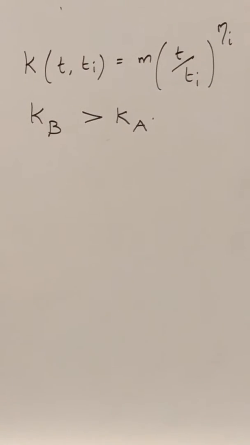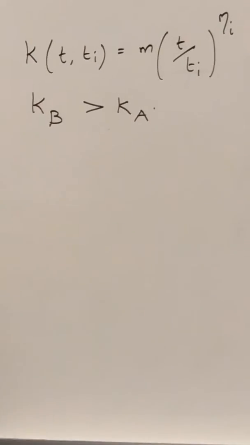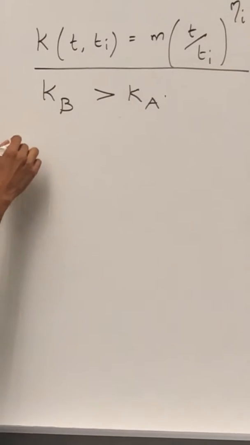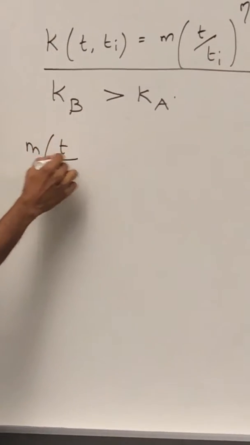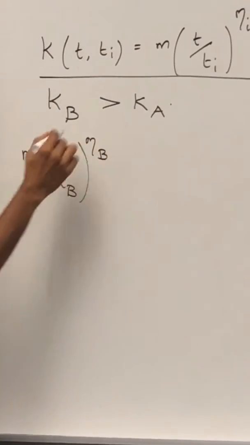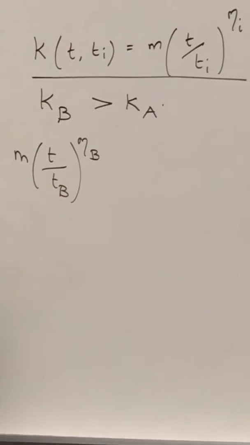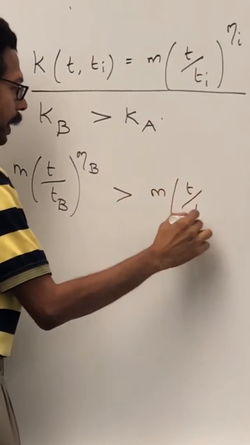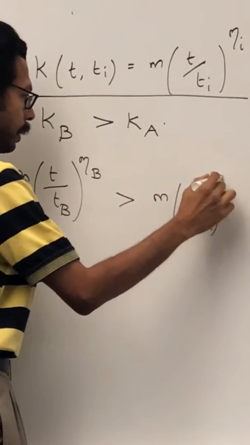KB, using this formula, is M times T over TB raised to eta B, and KA is M times T over TA raised to eta A.